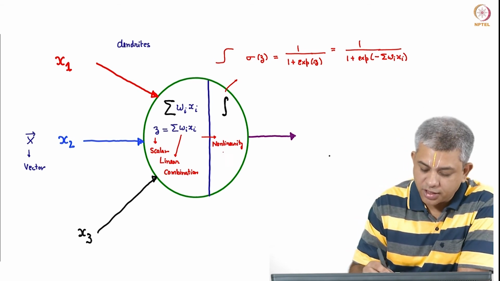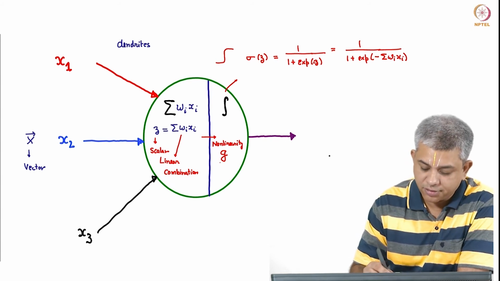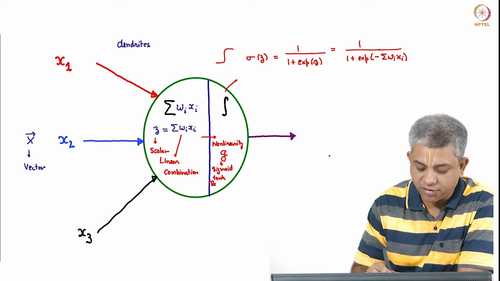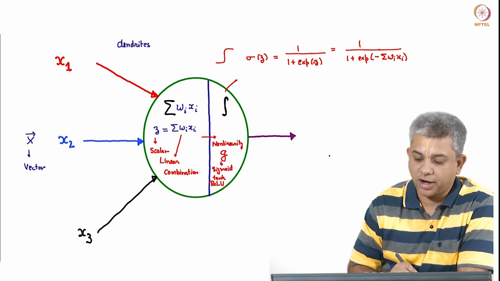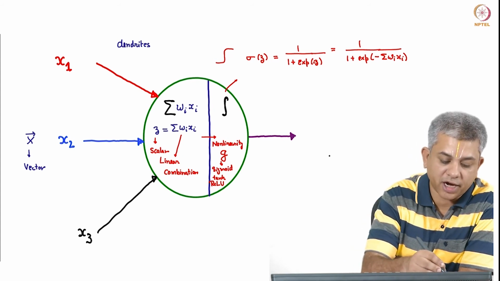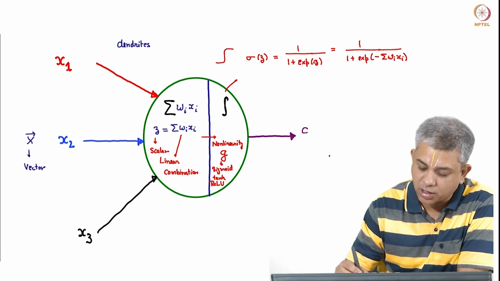So we call this nonlinearity in general G. This might be the sigmoid. It could be other functions which we will see later, for example tanh. We also have another thing called the rectified linear unit or ReLU. So, any of these nonlinearities could be used. Now, finally, after all this, what comes out is G of z.